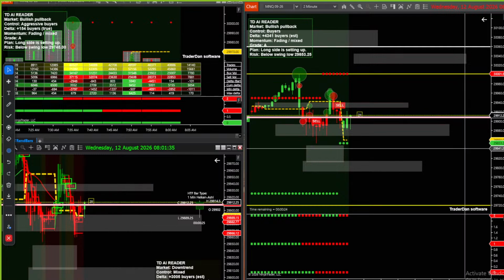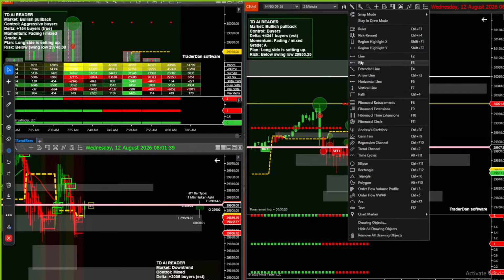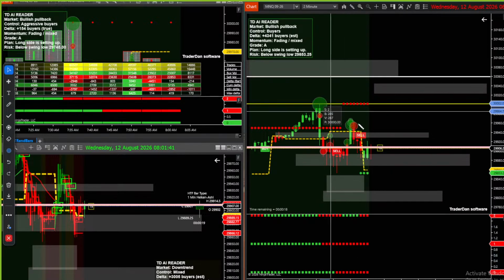I really like this long here, guys. We've got this counter trend line. It probably stops here if they want to stop it.